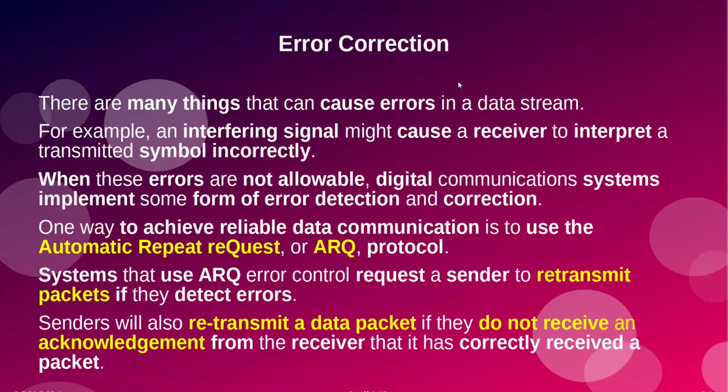Okay, error correction. One of the things is called the ARQ protocol, or automatic repeat request, where when the sender receives a message, if it detects errors, it can send out an ARQ back to the transmitter station to say, resend it, basically.